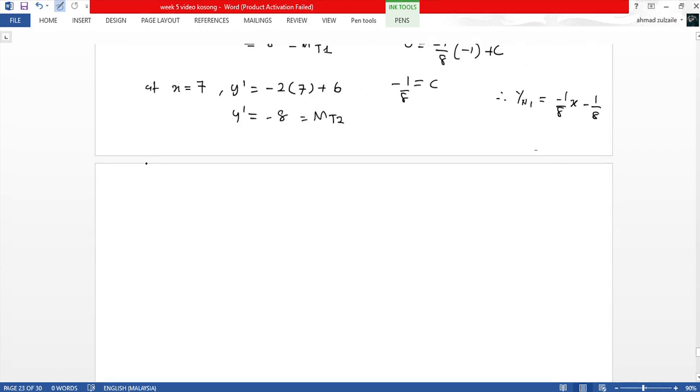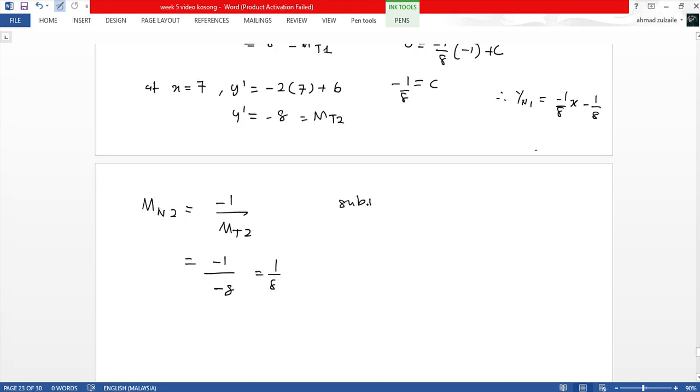Second, m for normal number 2 equal to negative 1 over m tangent number 2, negative 1 over, tadi m number 2 is negative 8, so 1 over 8.